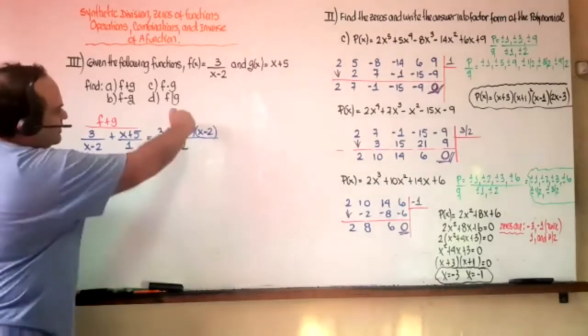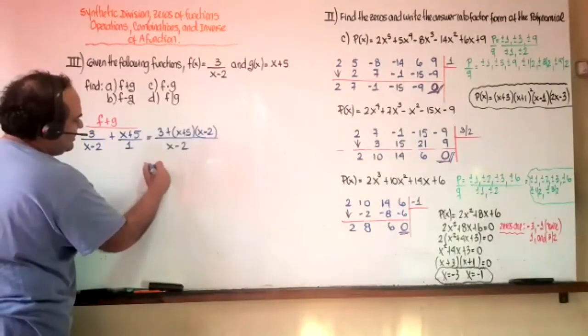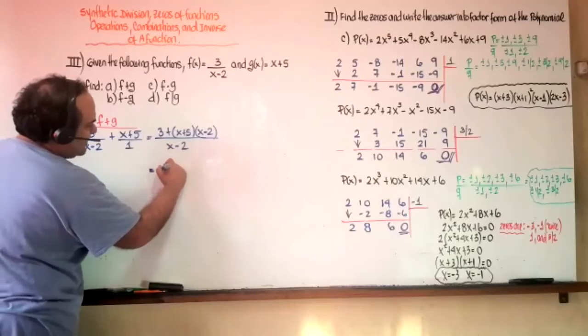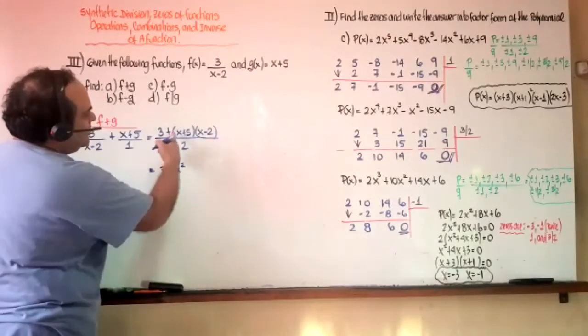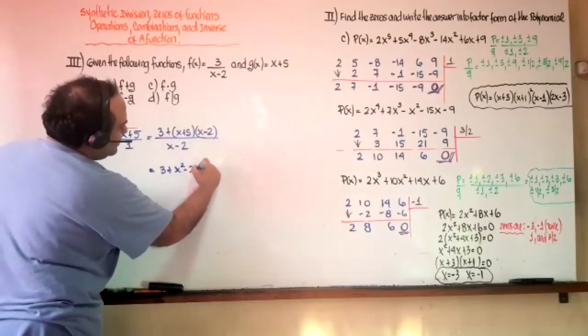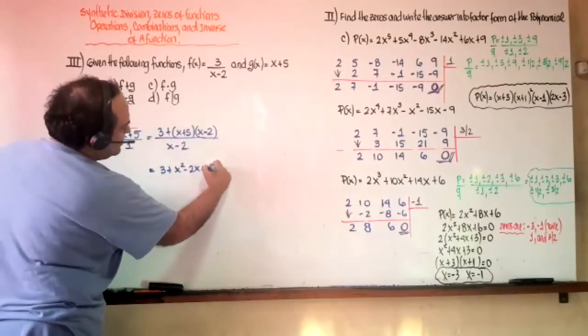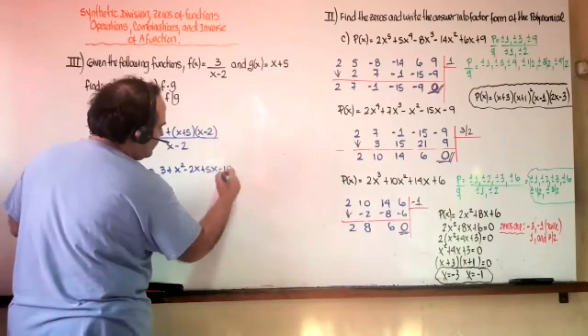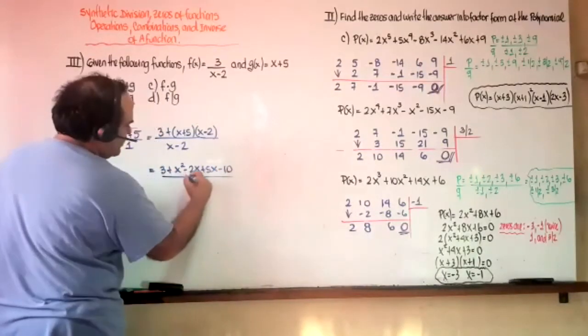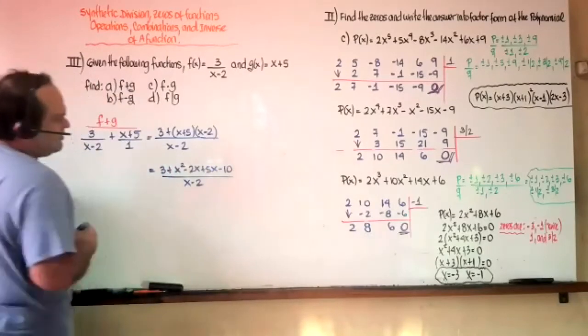So let's simplify this expression applying the distributive property. We got 3 plus x times x is x squared, minus 2x plus 5x minus 10, over x minus 2.